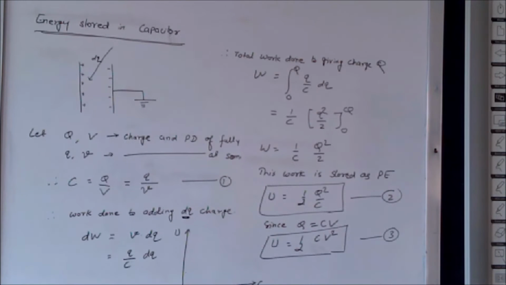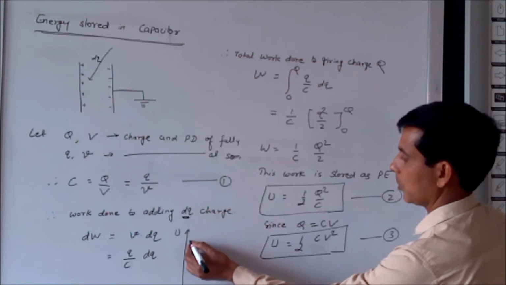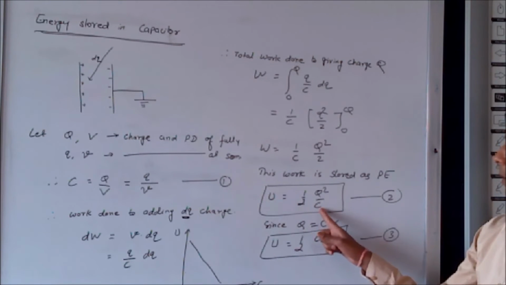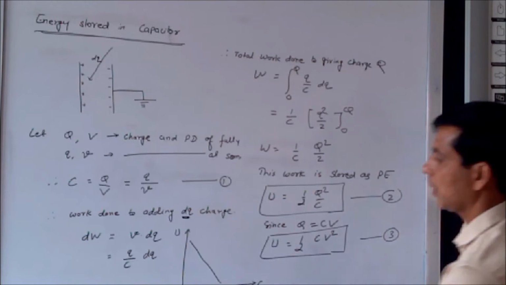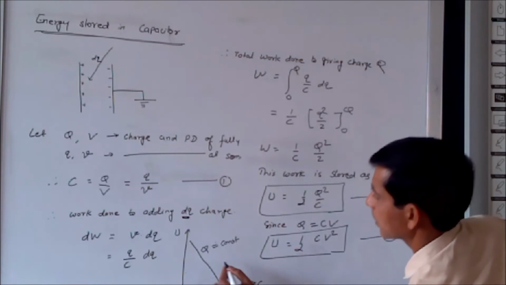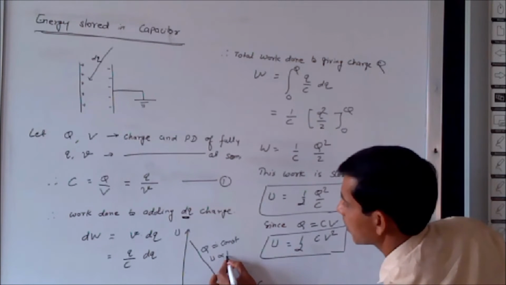In this case, inversely proportional. U is inversely proportional to C when Q is constant.